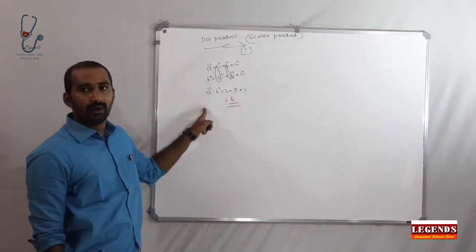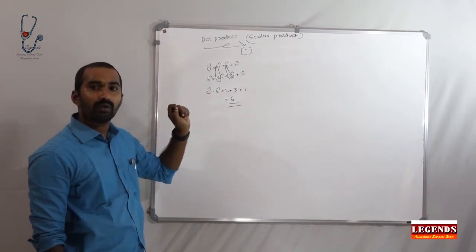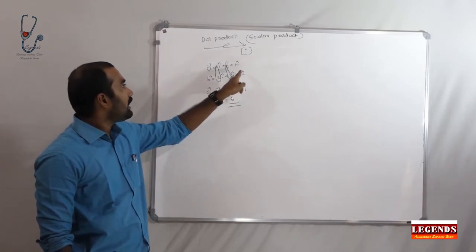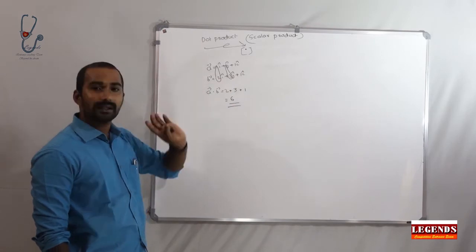How do we find the dot product of two vectors? First take the product of the coefficients of i, then the product of the coefficients of j, and also of k. Then take the sum.